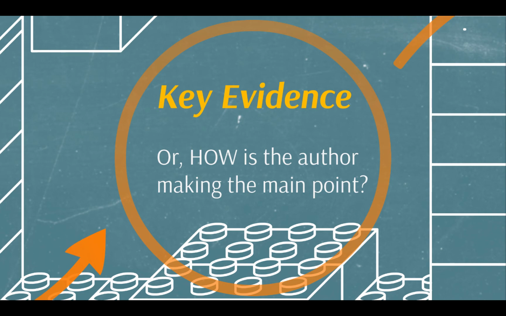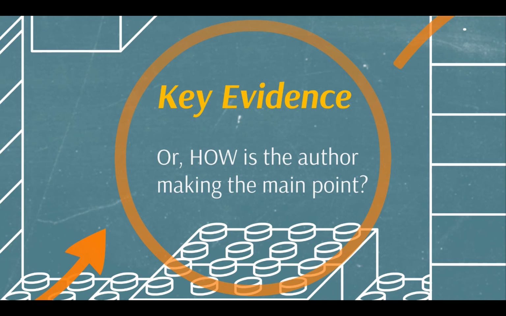So evidence within a piece is what are the subpoints or smaller examples that are supporting that main point or that main argument. In other words, how is the author making his or her or their point? So for example, with Anne Lamott, she's giving us a lot of personal examples, anecdotes, but she's also pointing to writing processes of other writers.